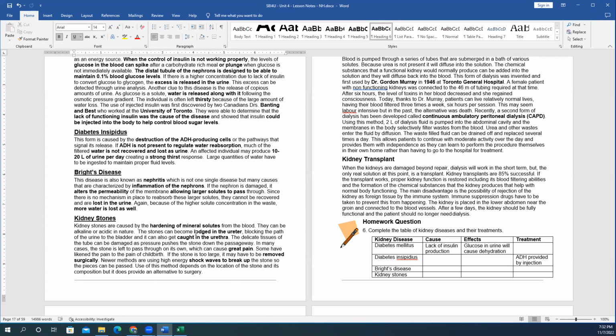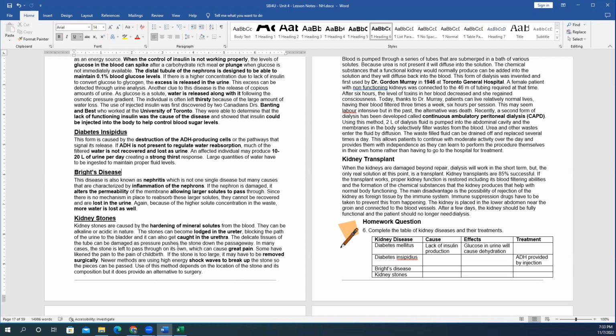These types of minerals can be either alkaline or acidic in nature, and the stones that form become lodged in the ureters and actually block the passage of urine from the kidneys to the bladder. And sometimes they can also get caught further down in the urethra.